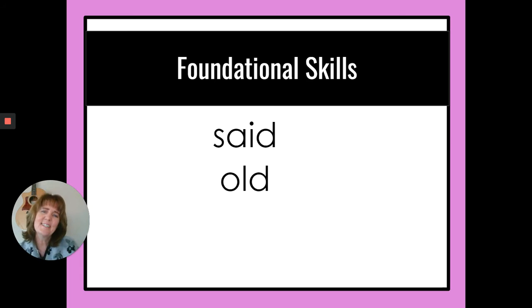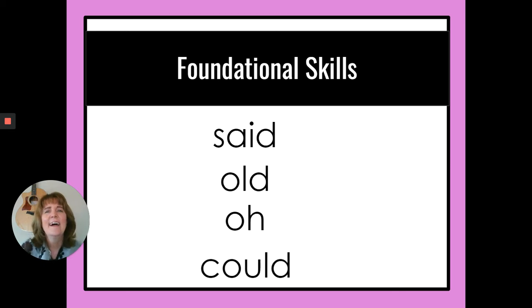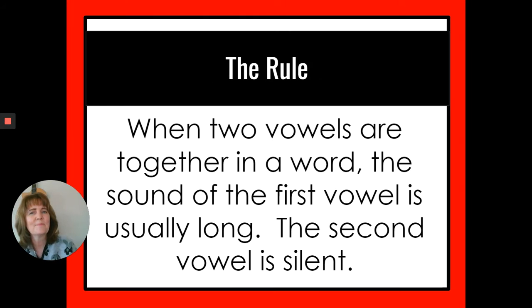Old. I hear three sounds. This is sight word O. It's got two letters, but it only makes one sound. O. And here's the word could. Say could. What sound do you hear in the beginning of the word could? Did you say K? Good job.